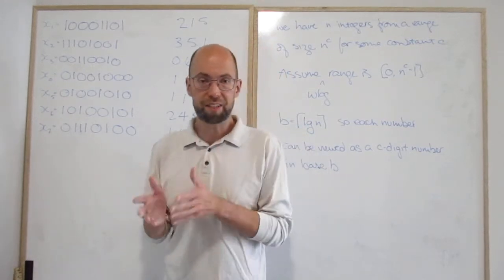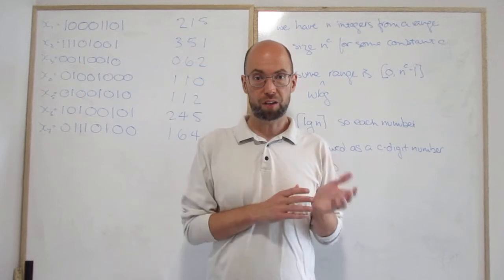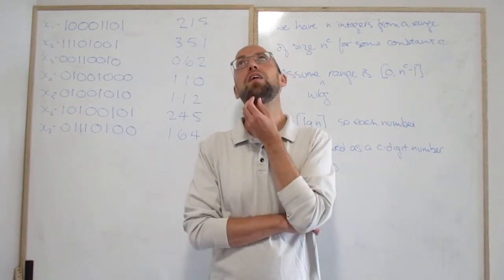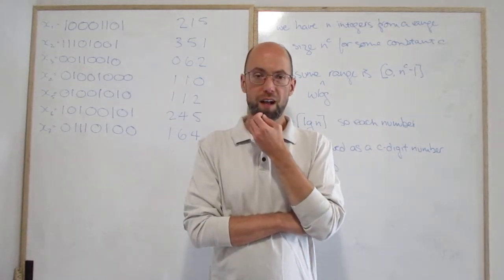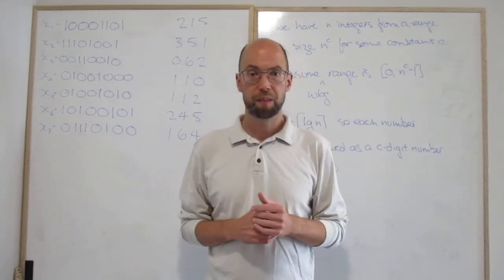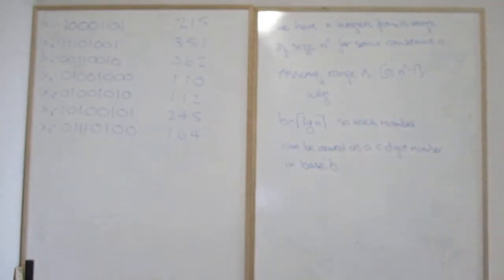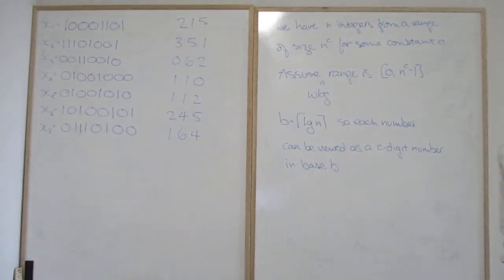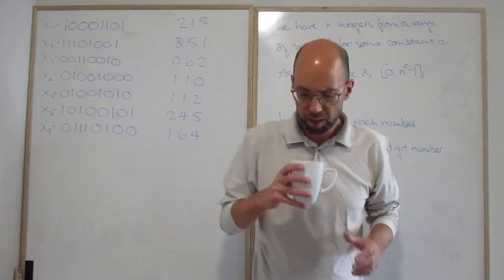If b is 3, I'm working in octal. If b is 4, I'm working in hex. And if b is more than 4, I'm not sure how I would actually go about writing the things on the board.